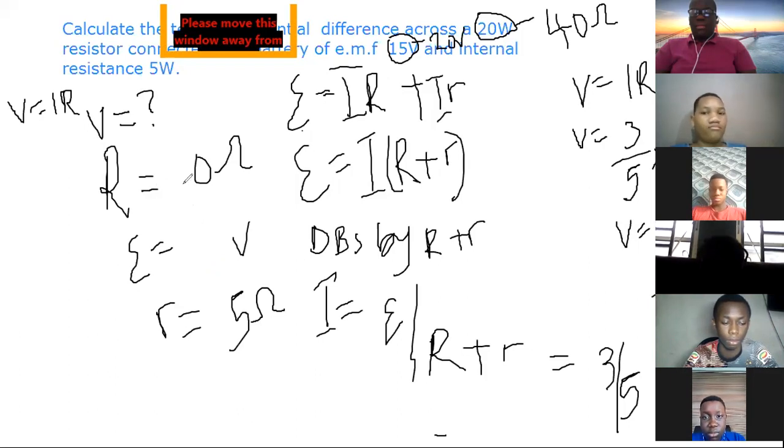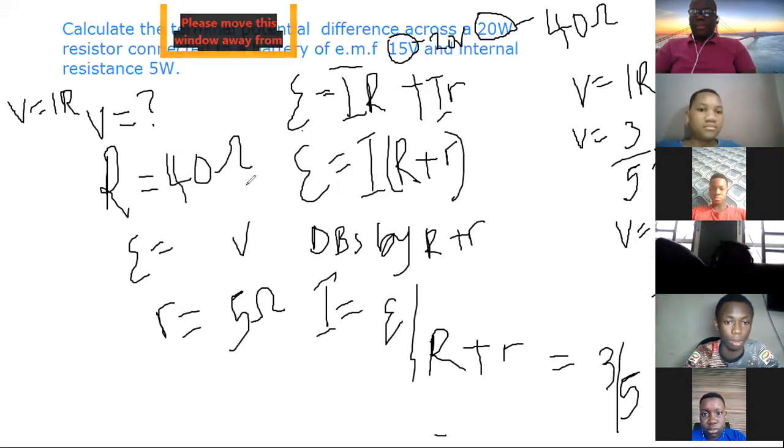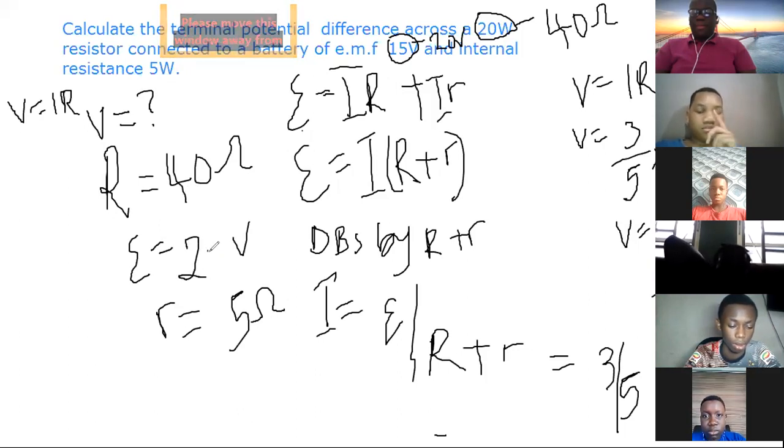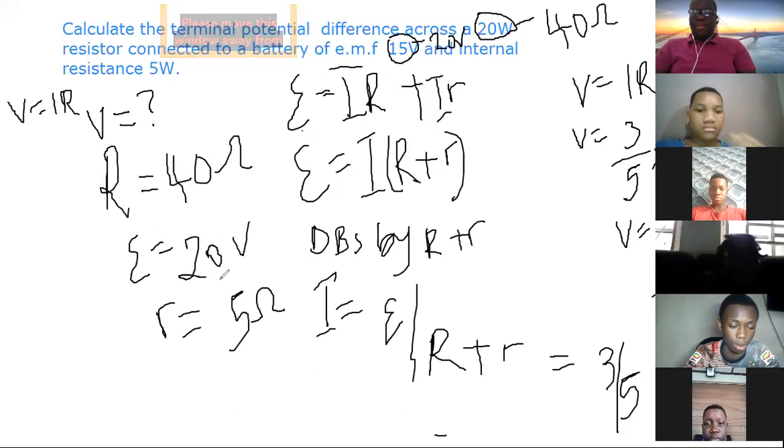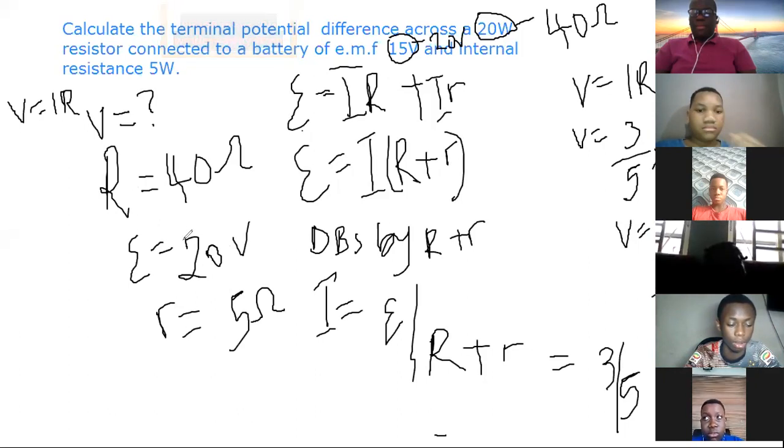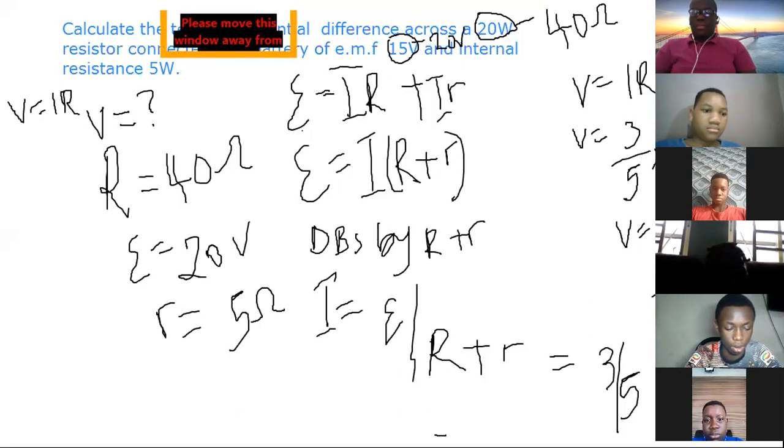So that means the big R is 40 and EMF of 15 volts. Instead of using 15, I said we should use 20. And let's keep our r. The small r is the internal resistance, while the big R is the external resistance. Did you get that? Yes, sir.